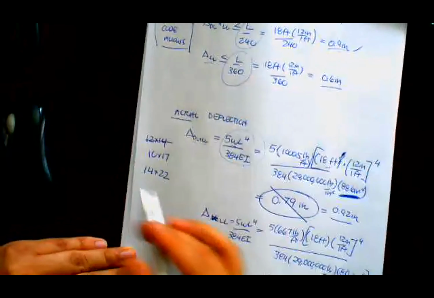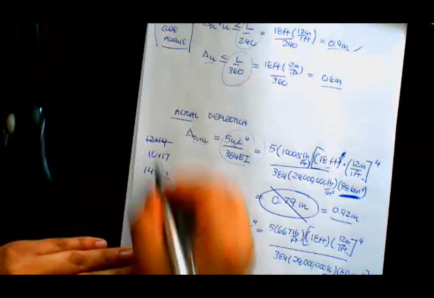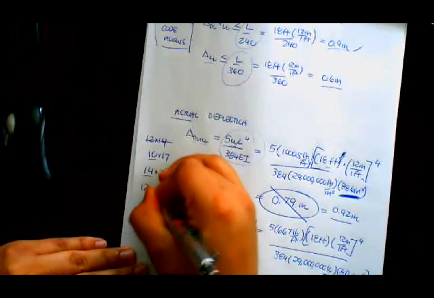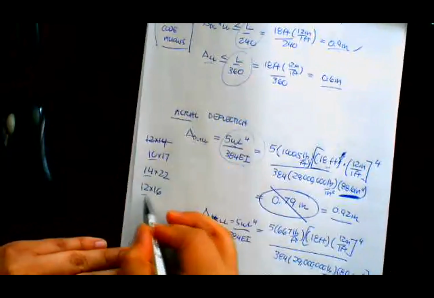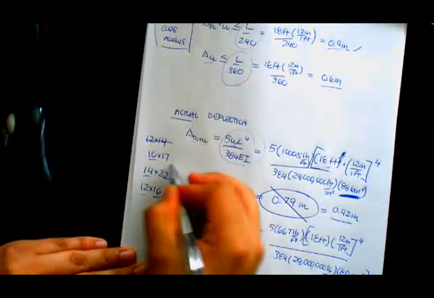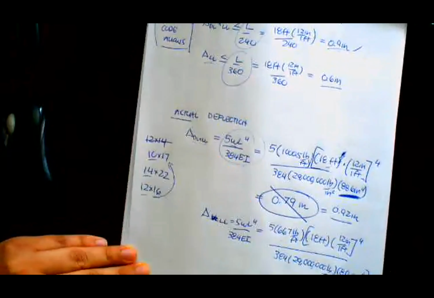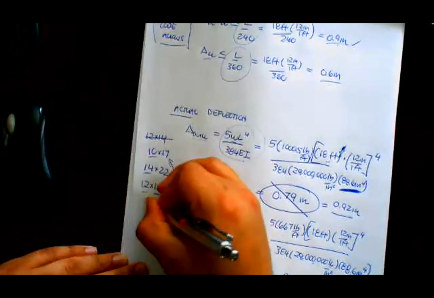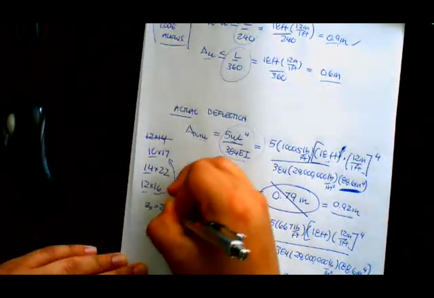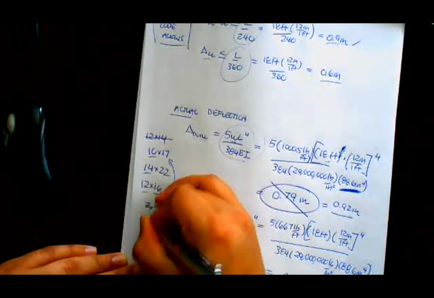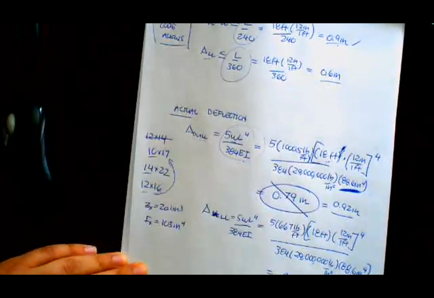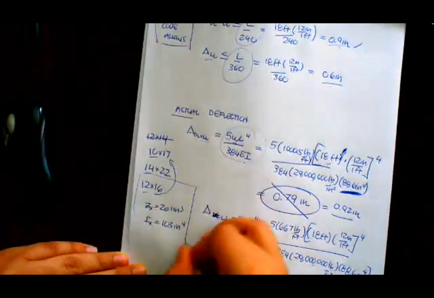So instead of choosing one of these two, I'm going to step up to the 12 by 16, because this is still lighter than that. The properties of the 12 by 16 are that the Zx is equal to 20.1 inches cubed, and the moment of inertia is 103 inches to the fourth power.